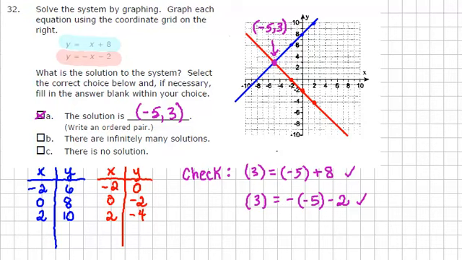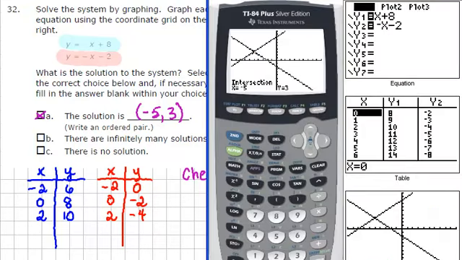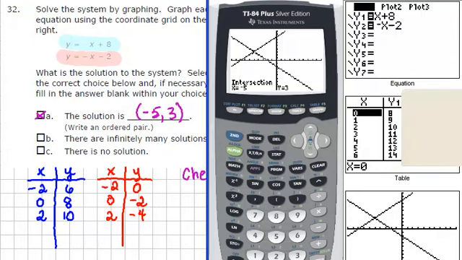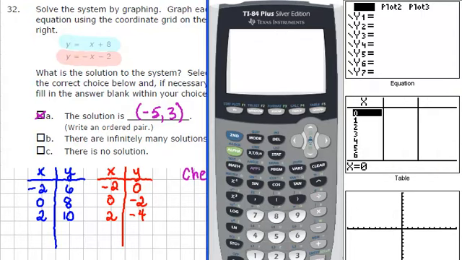You can also use your graphing calculator to help you to solve this type of exercise. Let me go over that process with you now. Okay, the first thing that you'll want to do is to go to y equals and enter the two equations into your calculator.